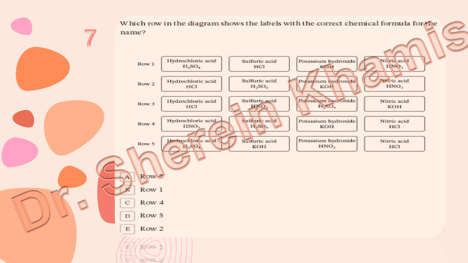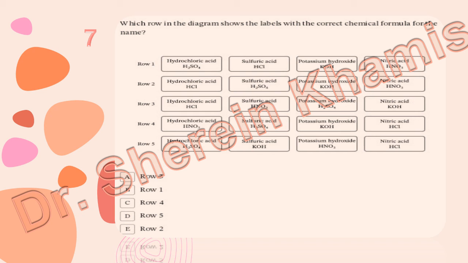We will not check the other rows, but we have to know that all acids start with hydrogen ion. Hydrochloric acid consists of two parts, hydrogen followed by chloride ion. Sulfuric acid also starts with hydrogen. We take the sulfate group and exchange valences: sulfate is divalent, and hydrogen gives one to the sulfate group, so its formula is H2SO4.